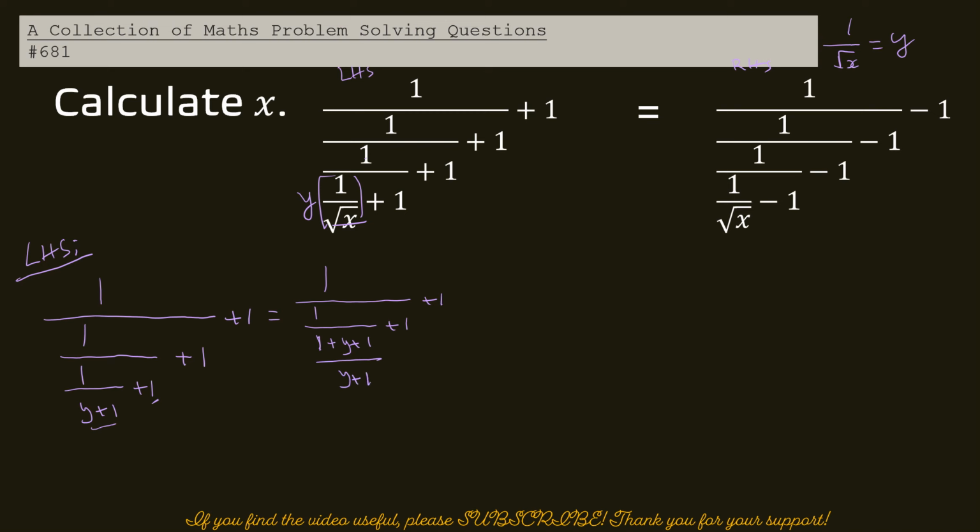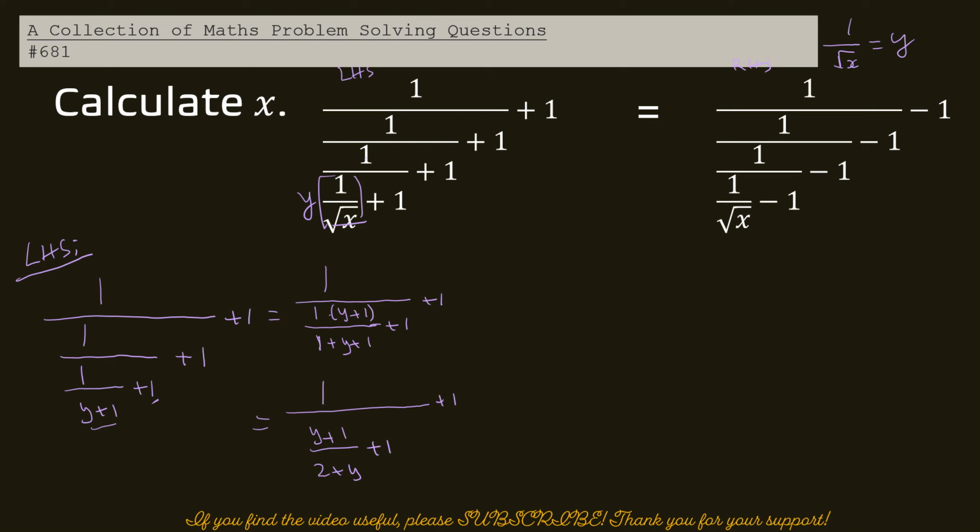This y plus 1 I'm going to take up to the numerator, so I get 1 out of, plus of course a plus 1, and it will be y plus 1 divided by 2 plus y plus 1.